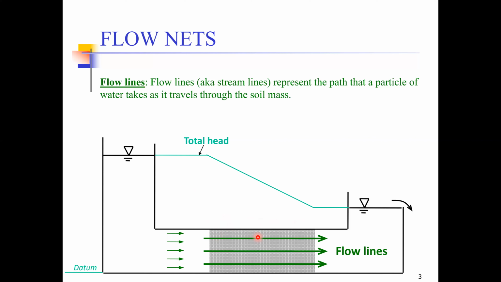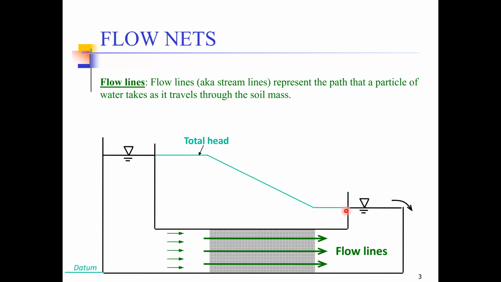And this loss of energy appears in the form of head loss. The same phenomenon is occurring here. As soon as the water starts flowing through the soil, head starts decreasing, as represented by its decreasing trend. And when we reach the finish point of the soil, the head again becomes constant.